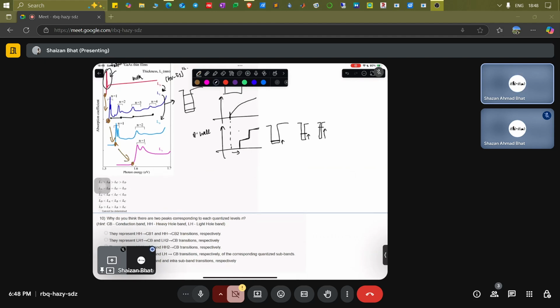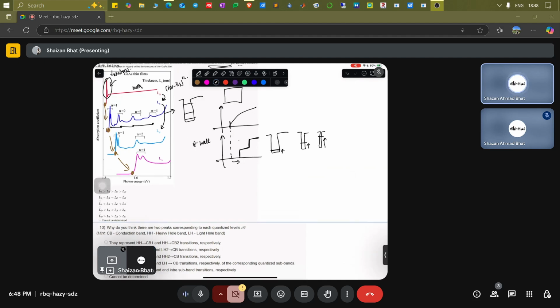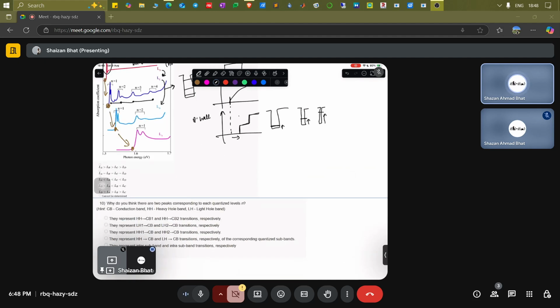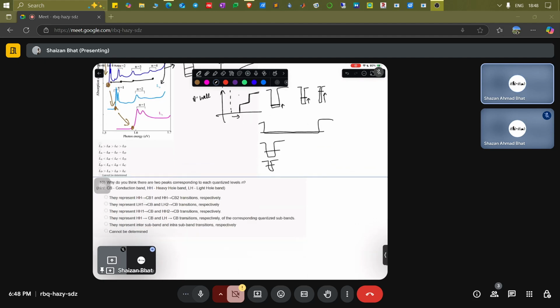Okay, it's just a property of the energy wells. If you go on widening the quantum well, the energy level will be present near the band edge. But if you go on making it thinner and thinner, the energy level is going to go higher and higher with respect to the bottom edge.